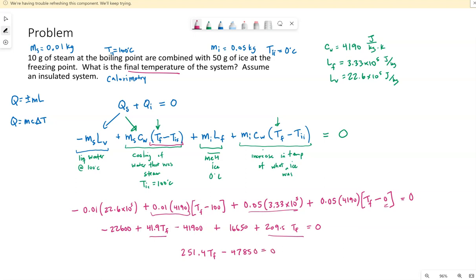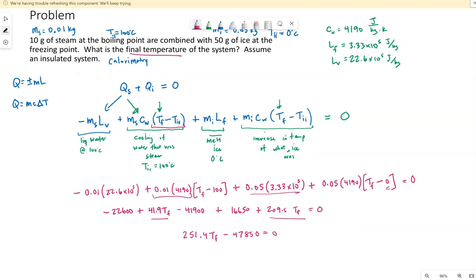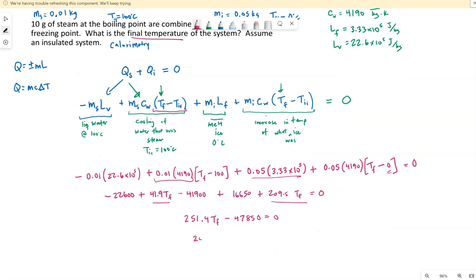Which of course I can just bring that over in the first place. So we have enough here to solve for T final.